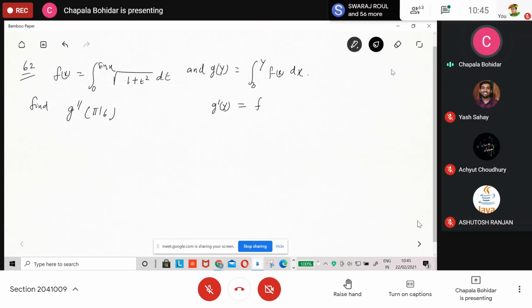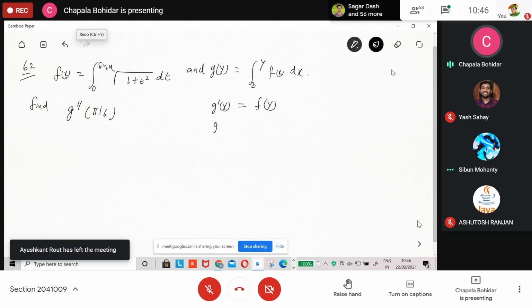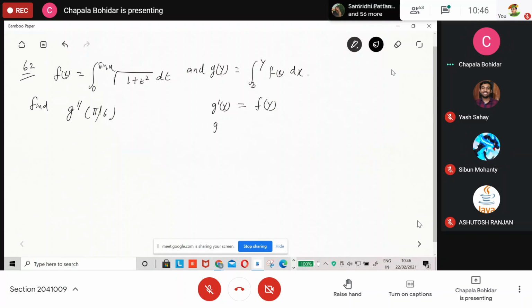Yes, very good, it is f of y. Ma'am, root 5 by 4? Oh, you are saying the answer. I don't know the answer. I'm writing now, you check whether you are getting that value or not.